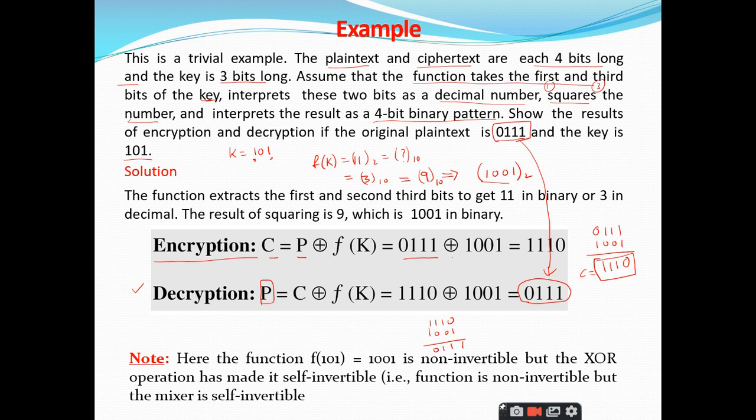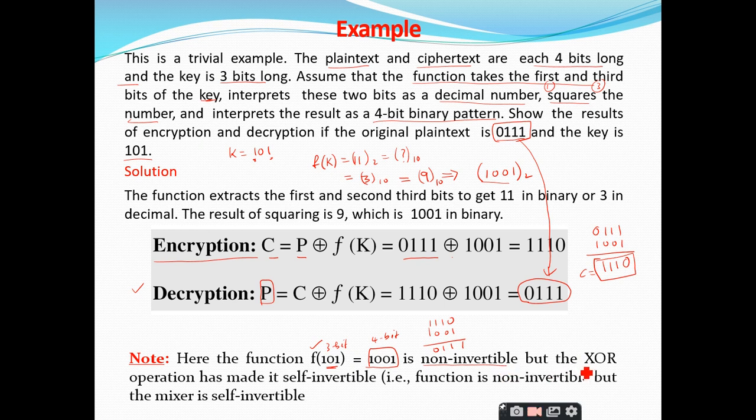Yes, sir. So you can observe here that the function f of 101, which is nothing but f of k, has been transformed to a 4-bit key like this 1001. Is it invertible or non-invertible? We have 3 bits of input and the output is 4 bits. So it is non-invertible.